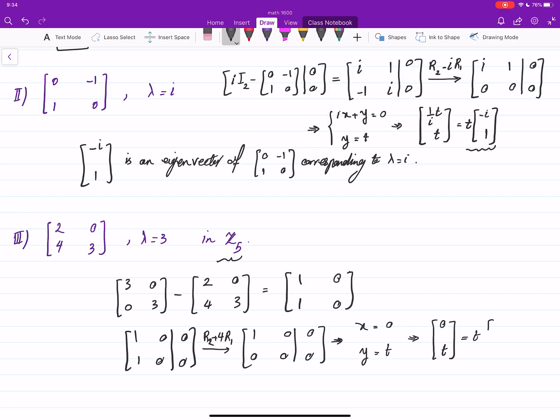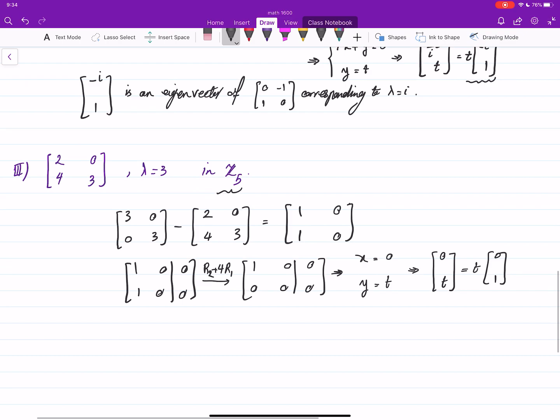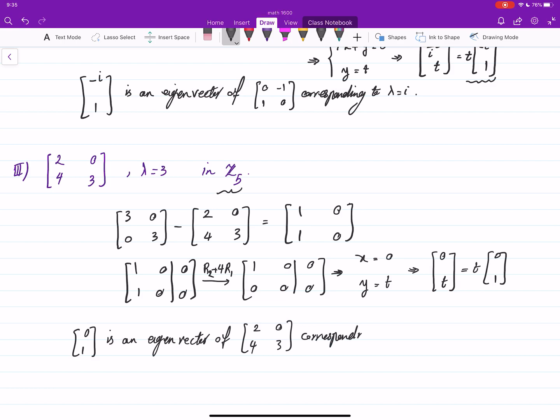In particular, you can take this to be your eigenvector. So let t be equal to 1. 0, 1 is an eigenvector of 2, 0, 4, 3 corresponding to lambda equals 3.